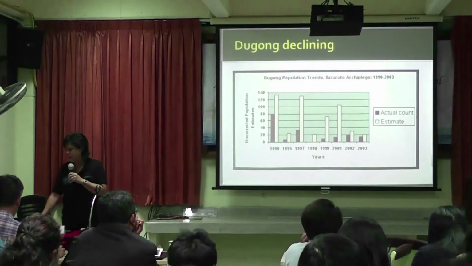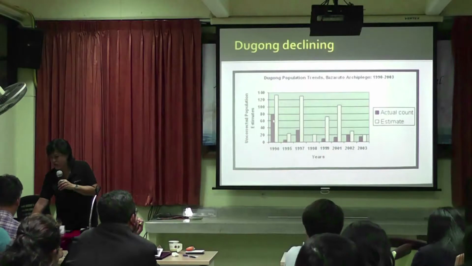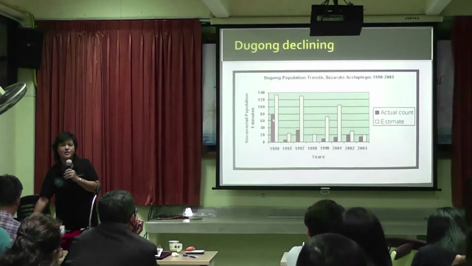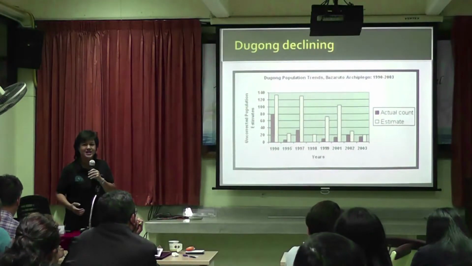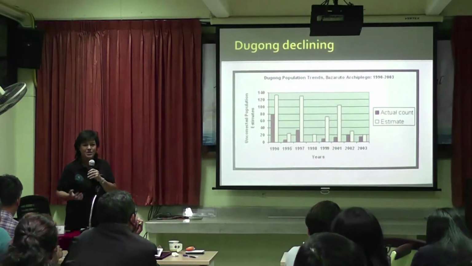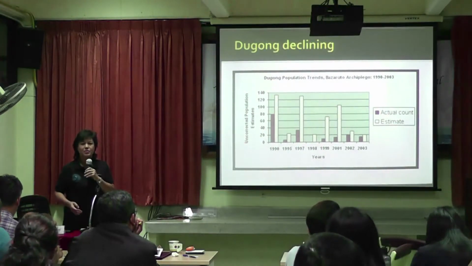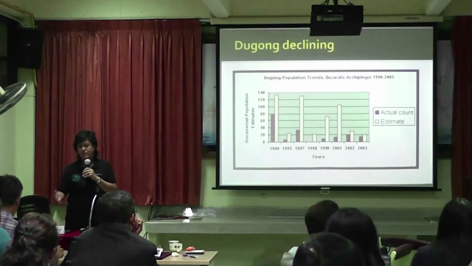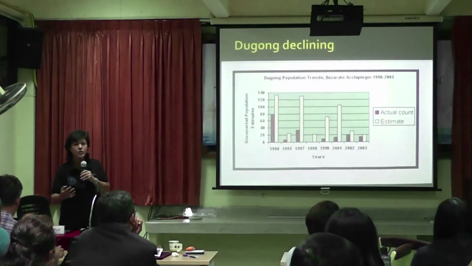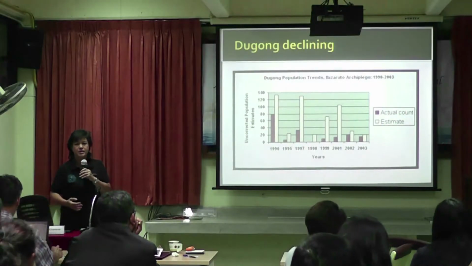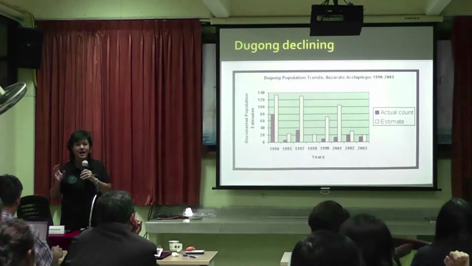Dugong has the same problem, because we have the estimated count and the actual count. Sometimes it's difficult when people go on a survey and cannot see the animals. It doesn't mean the animal is not there, because we may be using too loud a boat, or maybe at the time they're sinking down or whatever. But for the estimate, sometimes when people talk to the locals or check numbers, you cannot actually count the animals, but you can estimate or guesstimate how many are left.